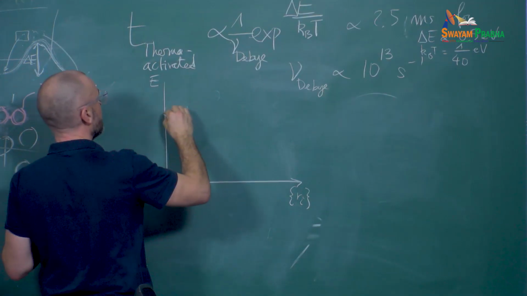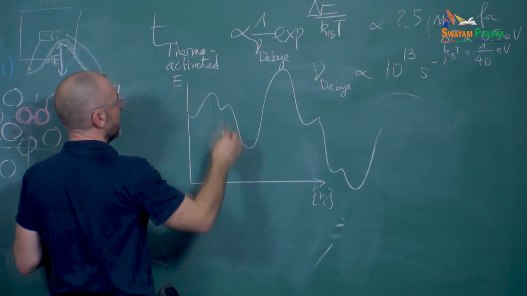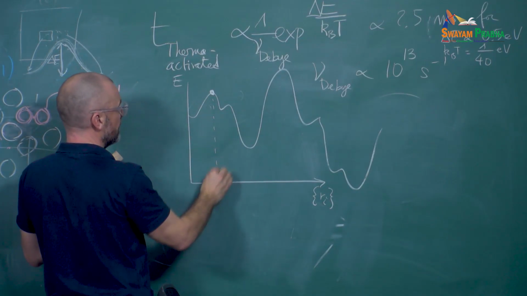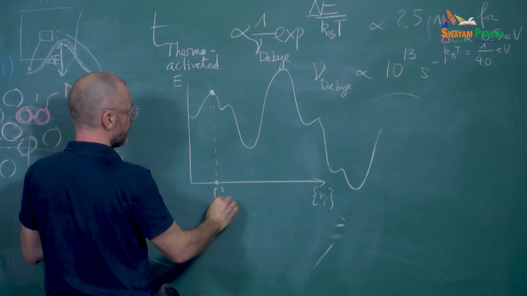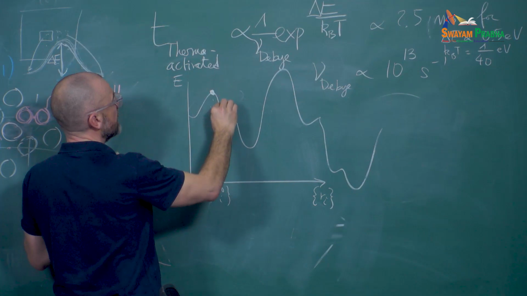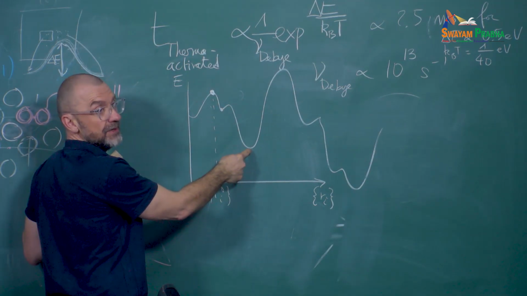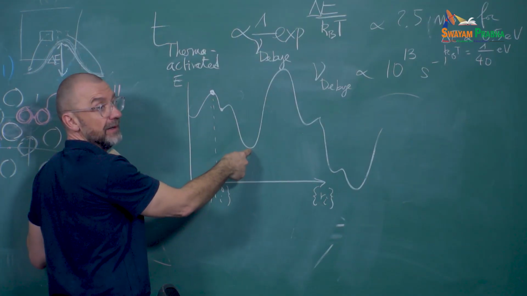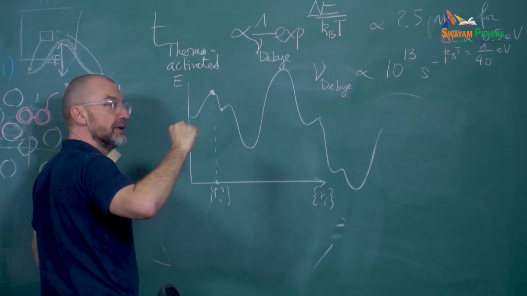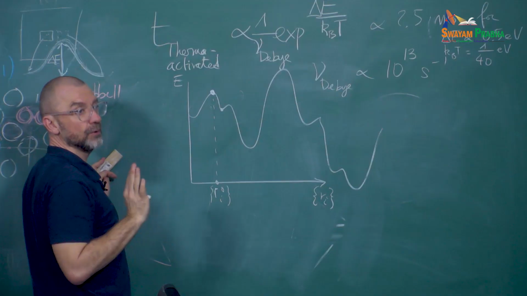If my energy looks something like this and I start from here, this is my initial configuration. These algorithms will minimize the system up to here. And they will not know, for example, that there's a big minimum nearby. It will give you the closest metastable state to your initial configuration, not more.